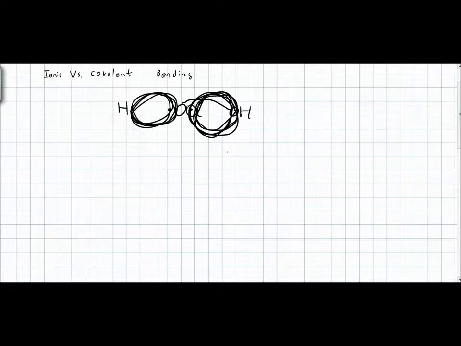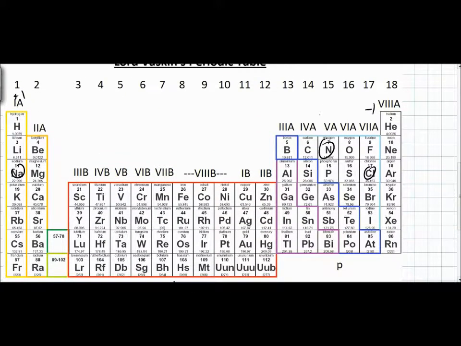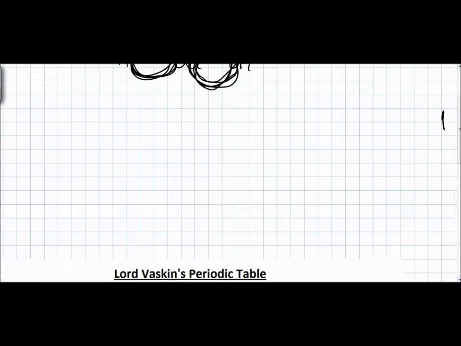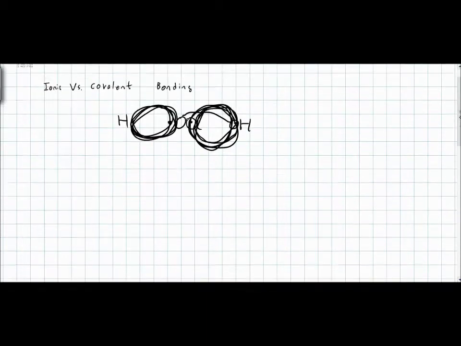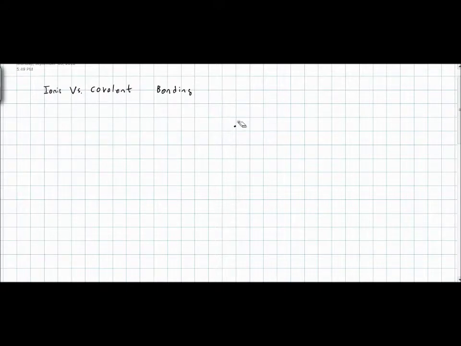And the same can go for a diatomic molecule. Let's say N2. This is a diatomic molecule. Now with nitrogen, if you look down here, nitrogen is in the +3 charge area. So since nitrogen is in a +3 charge area, nitrogen has 3 electrons that it is willing to share.